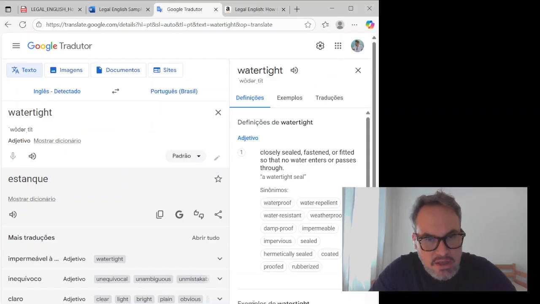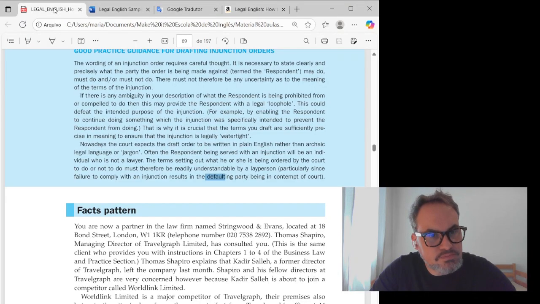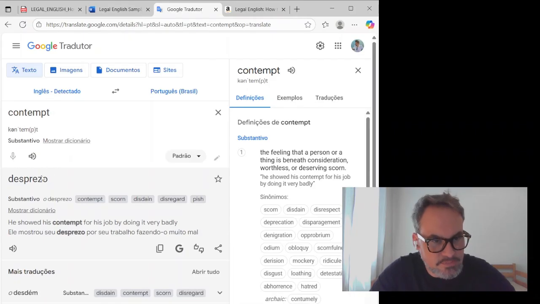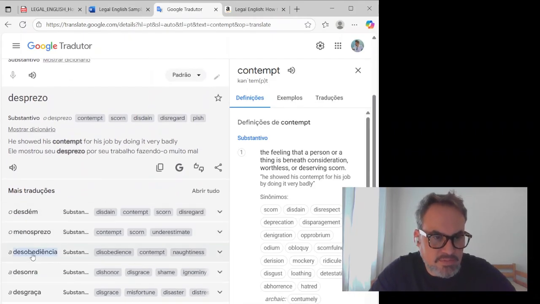Okay. Contempt. Let's go to Google Translator. In this case, I would translate it as desobediência. Okay.